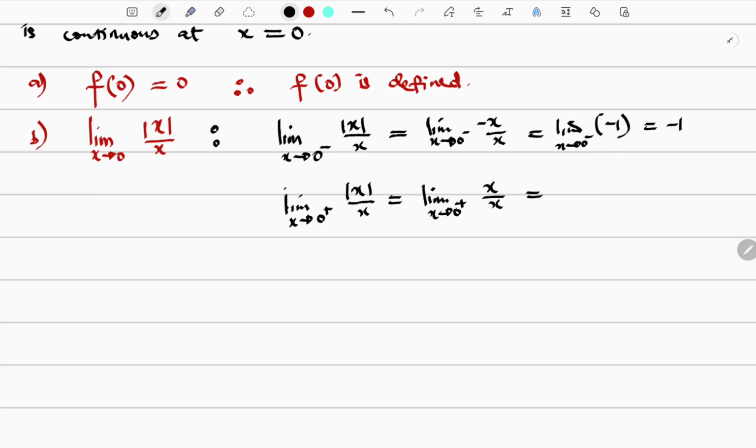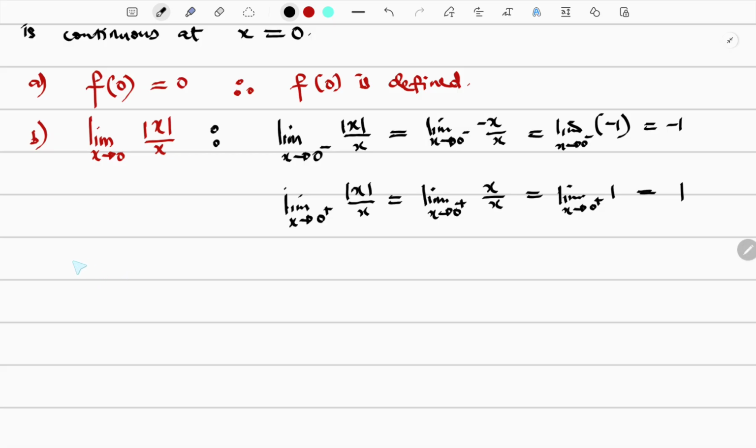And the limit as x approaches 0 from the positive is the limit of 1, which is just equal to 1. It's evident that the left and right limits are not equal.